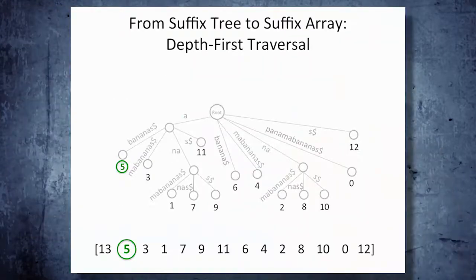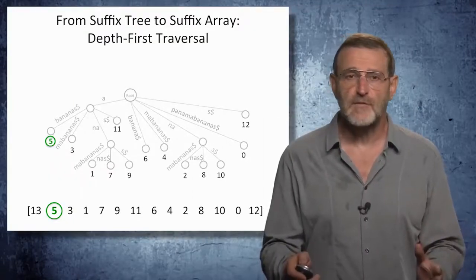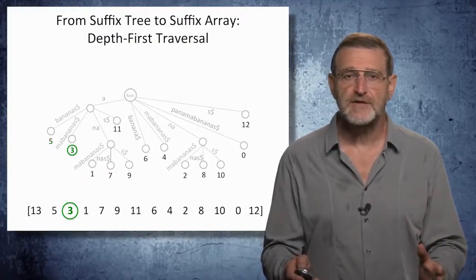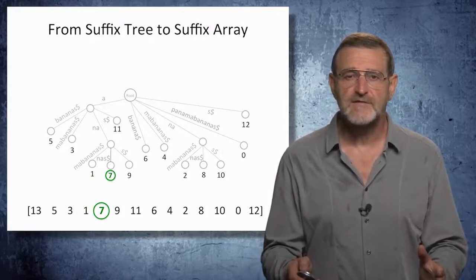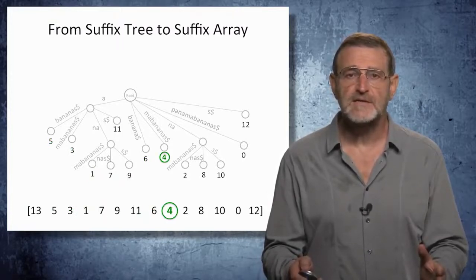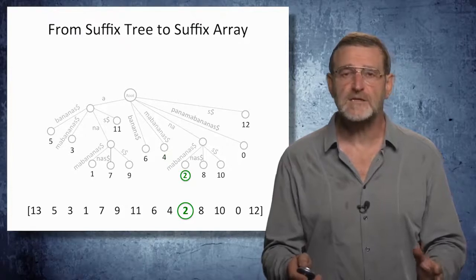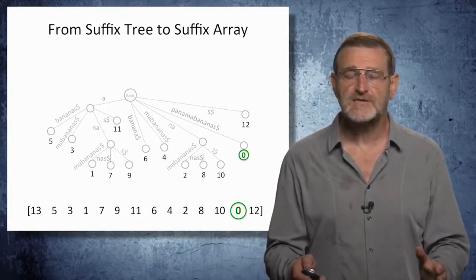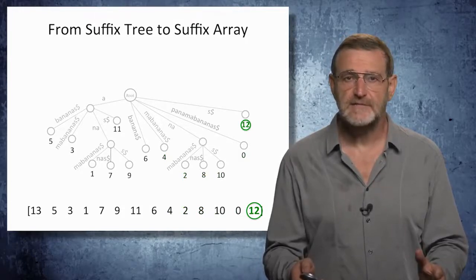There is a way to construct a suffix array if you are already constructing a suffix tree, because, as you can see from this example, the suffix array is simply a depth-first traversal of the suffix tree. Indeed, we start from leaf 5, continue to leaf 3, 1, 7, 9, continue further, and by simply traversing all leaves in the suffix tree in order, we construct the suffix array.